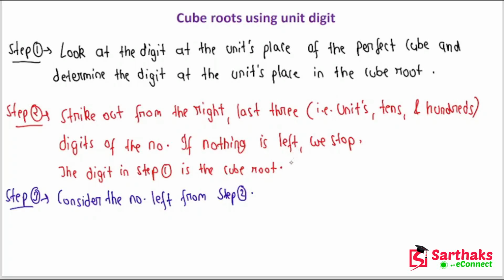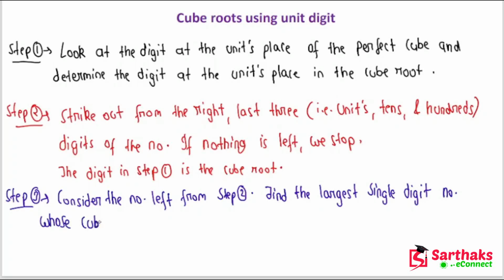Now suppose 1 digit or 2 digits are left, then find the largest single digit number whose cube is less than or equal to this leftover number. Okay, so we'll be doing just approximation.